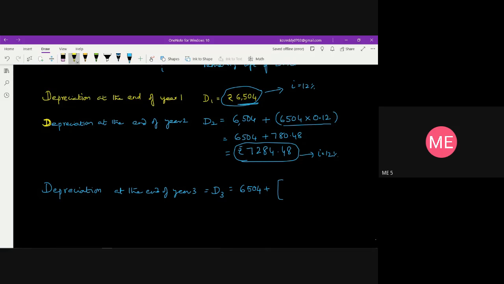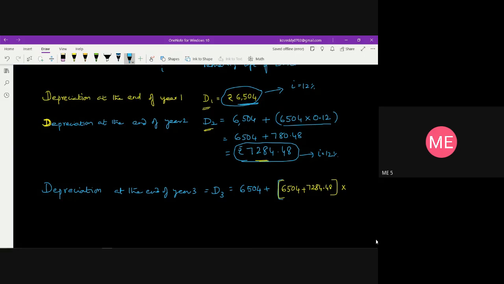The depreciation amount is going to earn the interest of 12%, and the depreciation 2, that is 7,000. For these two amounts, plus I'm taking this one, that is 7284.48, into 0.12.